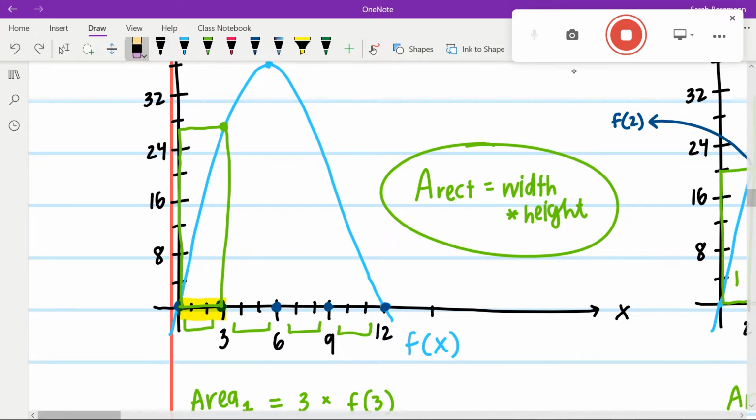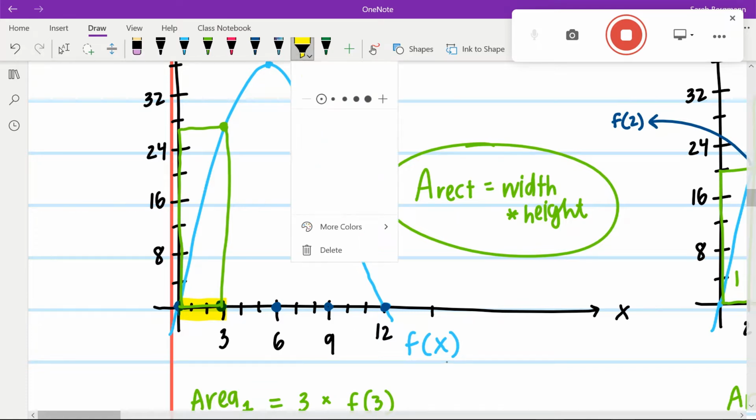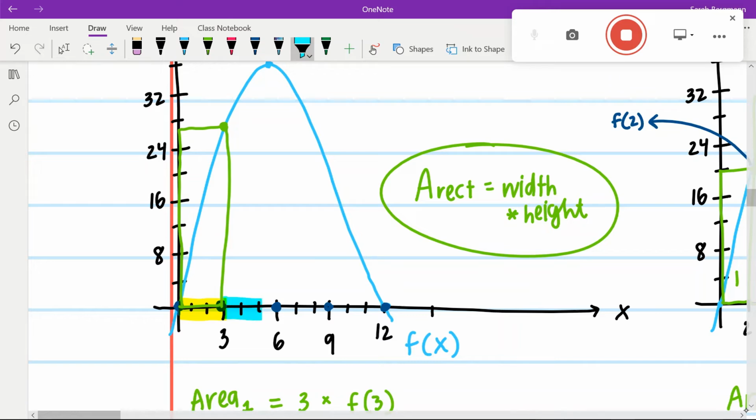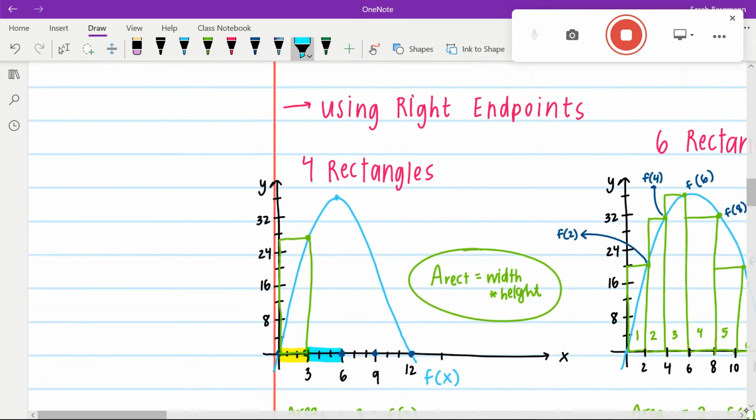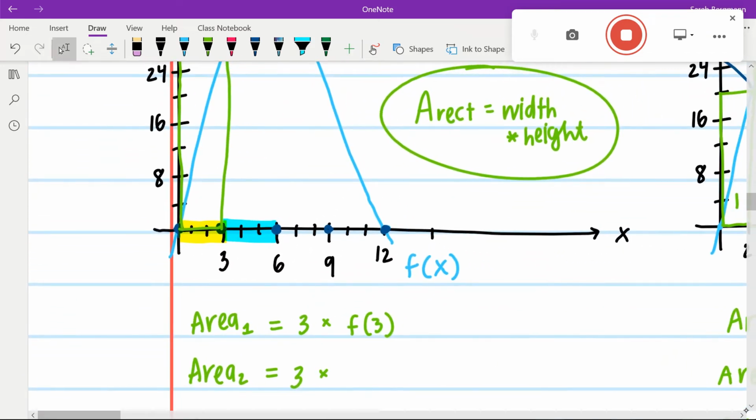Oops. Oh my gosh. Alright, for the second rectangle, I can't get that unhighlighted. I'm just going to have to use a different color. For the second rectangle, we're looking at this next segment. The next segment goes from 3 to 6. The right endpoint of this segment is at 6.